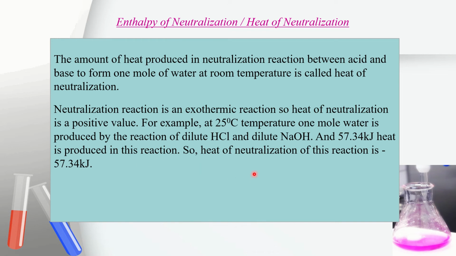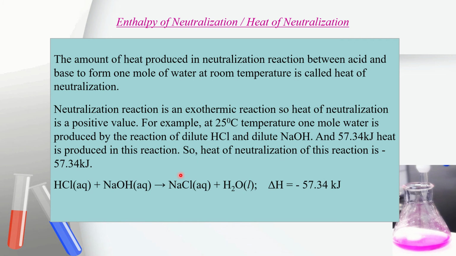So, heat of neutralization of this reaction is minus 57.34 kilojoule, because 57.34 kilojoule heat is produced. That is an exothermic process. That means del H of this reaction is minus 57.34 kilojoule.